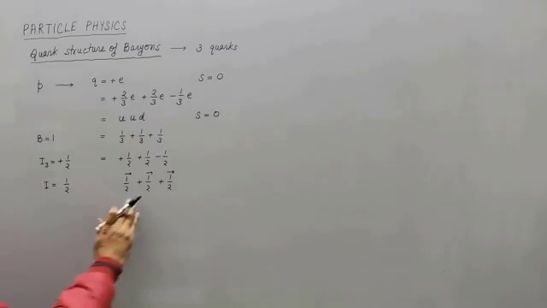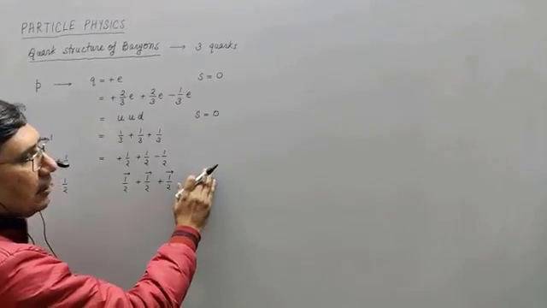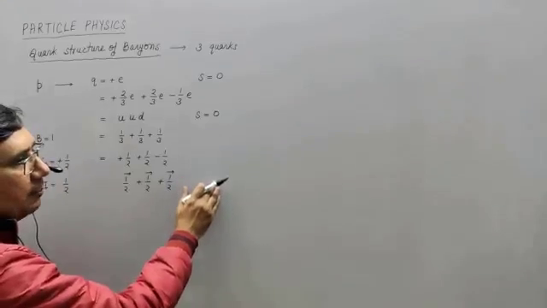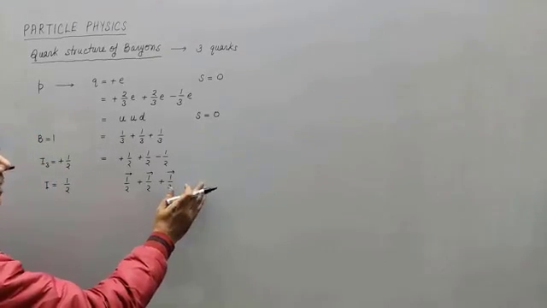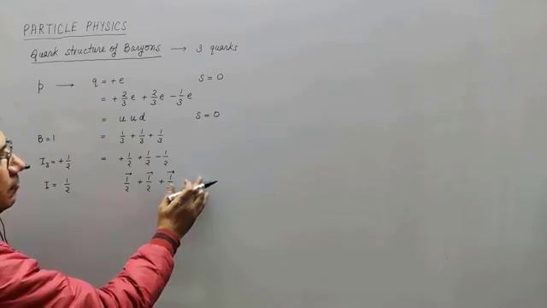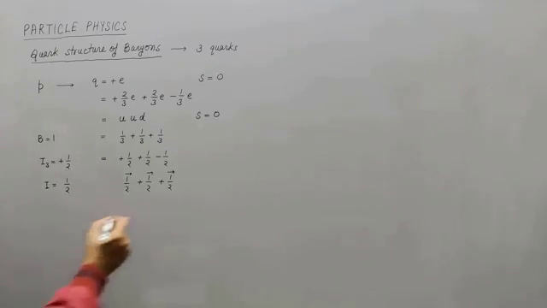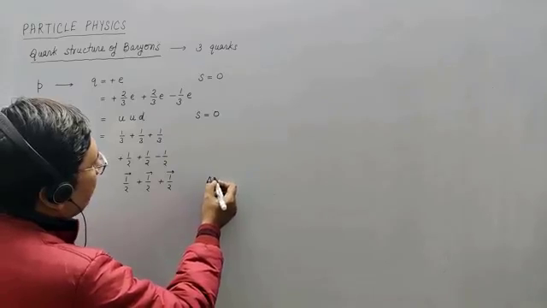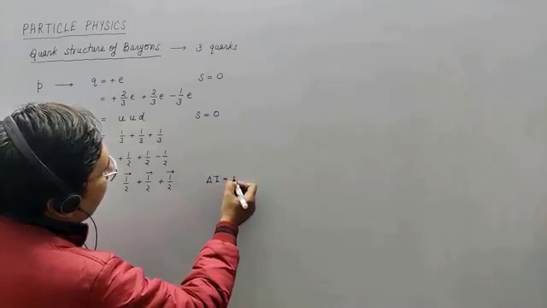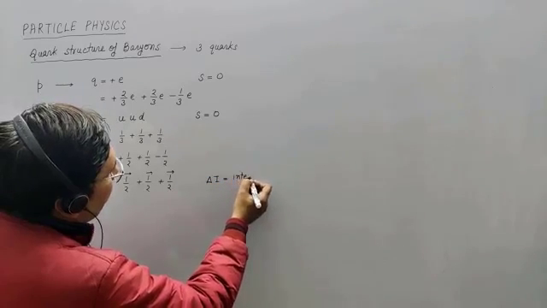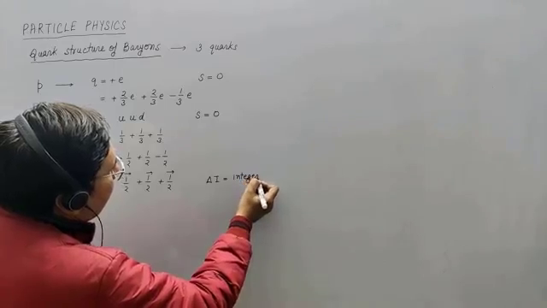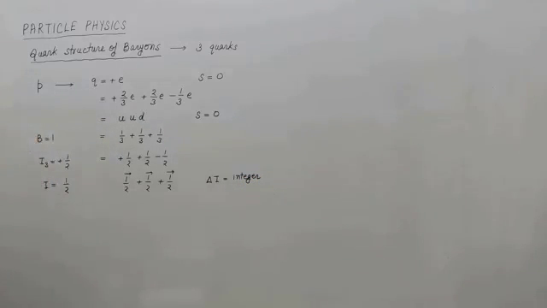So on this side, we will have a spin like it can be 1 by 2, it can be 3 by 2 like this. And when you take the difference between 1 by 2, 3 by 2 and this 1 by 2 on the left hand side, it will always be an integer. So what I want to say, basically, delta I will be an integer. So this I number is also conserved.